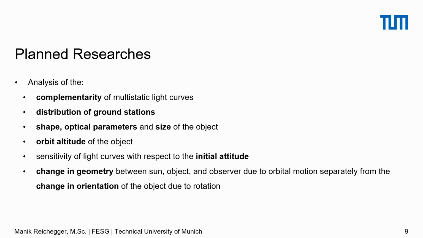We will analyze the distribution of the ground stations and its influence, the shape, the optical parameters and the size of the object, the orbital attitude of the object, the sensitivity of light curves with respect to the initial attitude at pass begin, and the change in geometry between sun, object and observer due to orbital motion, separately from the change in orientation of the object due to rotation.